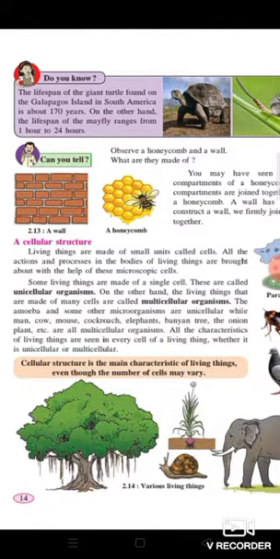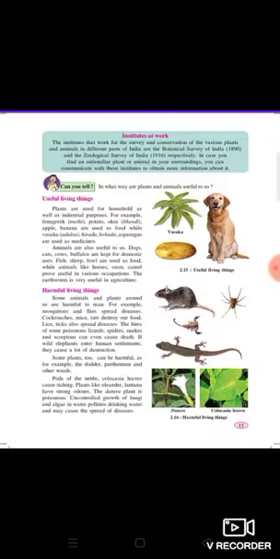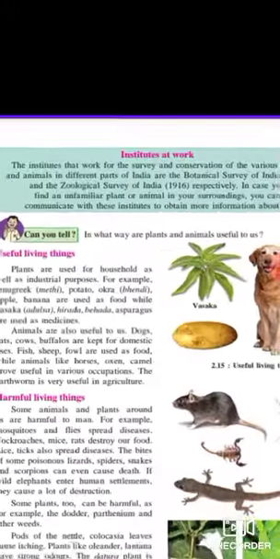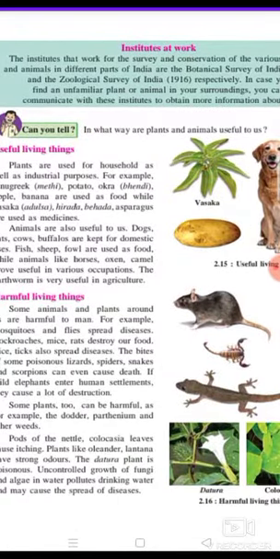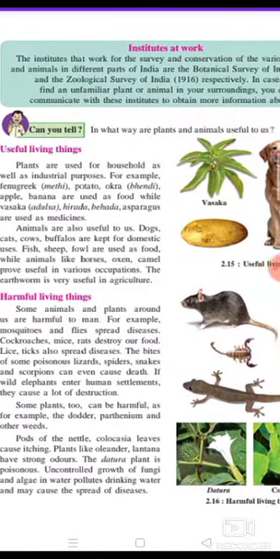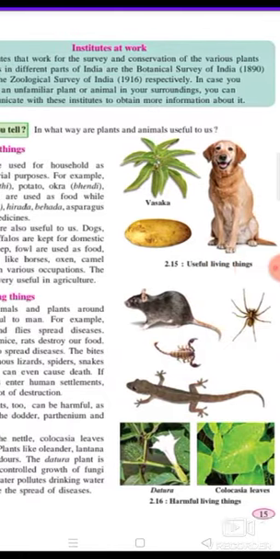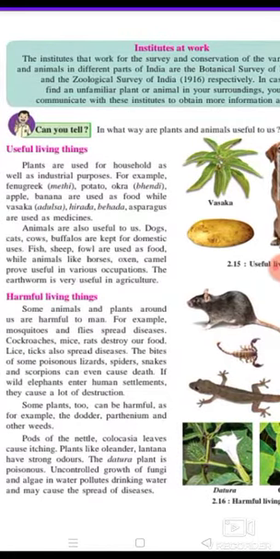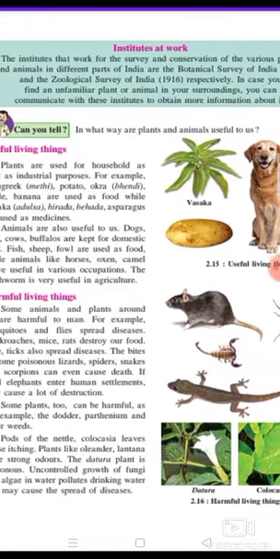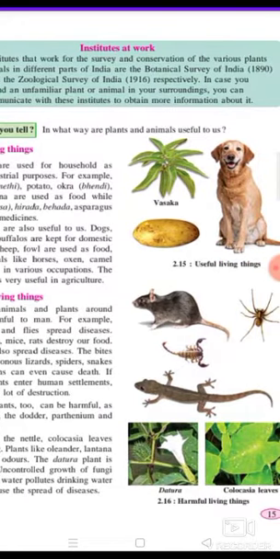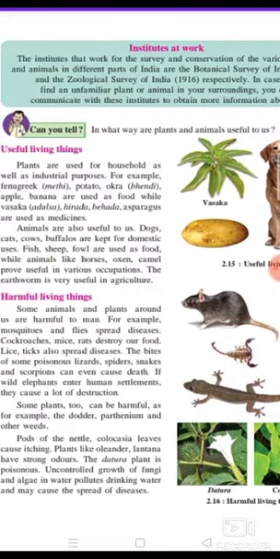Okay, so we will move to the next page. See, institutes at work. The institutes that work for the survey and conservation of various plants and animals in different parts of India are the Botanical Survey of India, 1890, and the Zoological Survey of India, 1916, respectively.